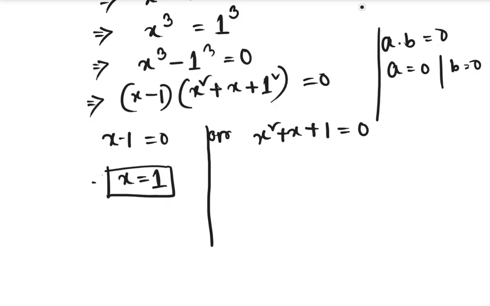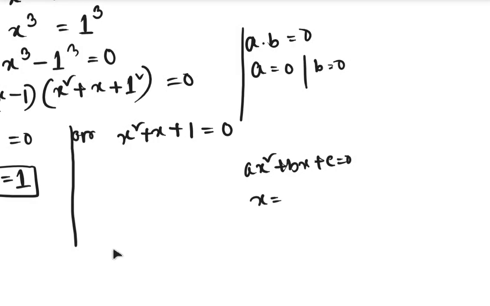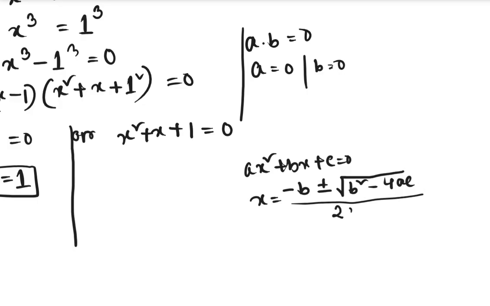Indeed, we can't factor the middle term. So we know the equation ax squared plus bx plus c equals 0. Indeed, x equals minus b plus or minus the square root of b squared minus 4ac, divided by 2a.